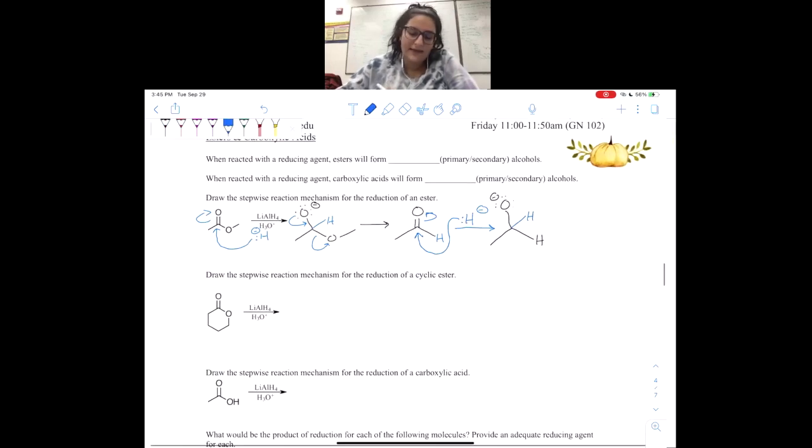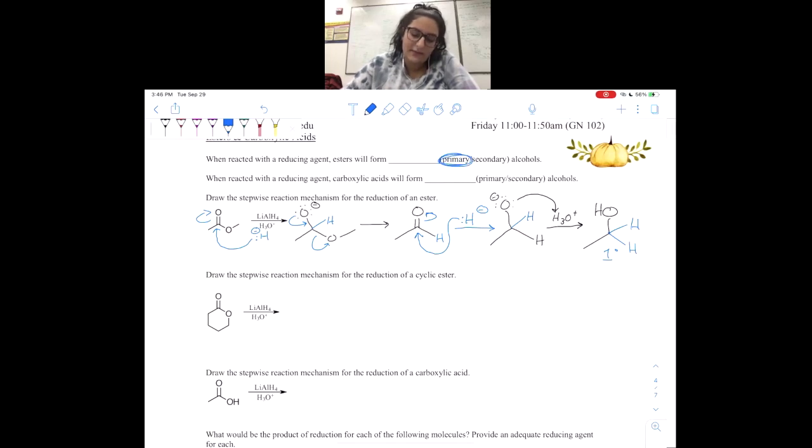And at this point, we have no choice but to protonate, since the oxygen does not have a leaving group to kick out. So once more, we have created a primary alcohol. So an ester that is reduced will create a primary alcohol.